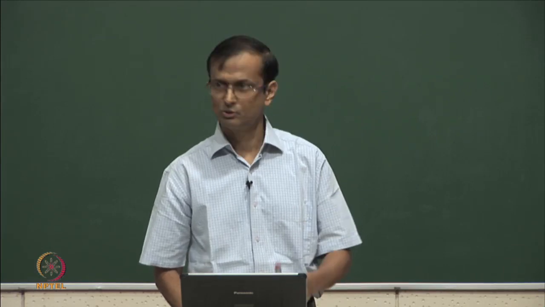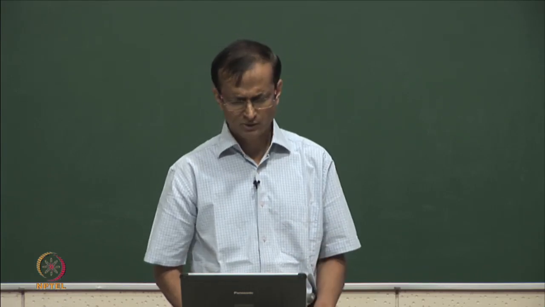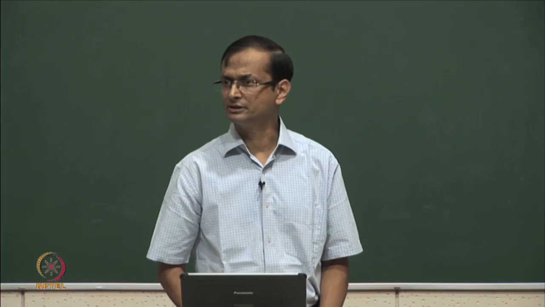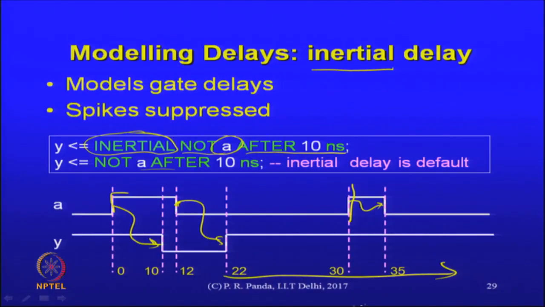Now, it happened that this is more like a spike that is there on the input, it is changing too fast. What would the real waveform look like on the output when this happens? Of course, you see that this is a digital waveform, this is obviously approximating what the real waveform would be, but in reality, because the input changed from 0 to 1, the output would start falling, right, and at time 5 what has happened?